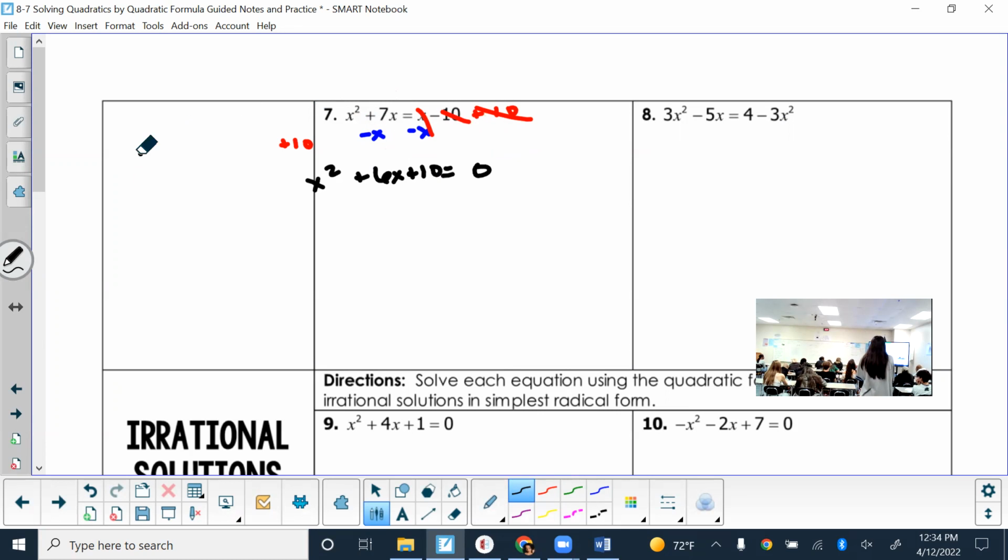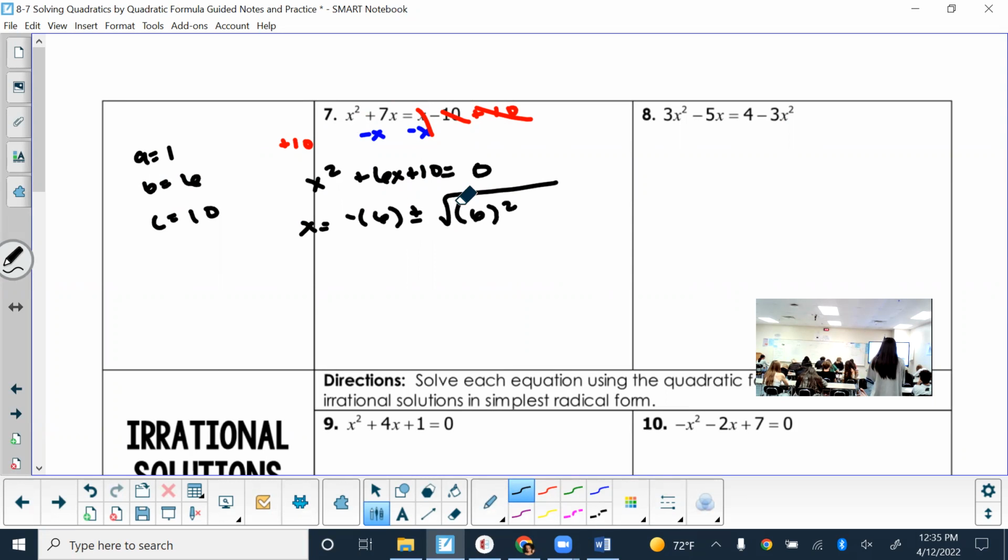So then my A in this one is what? My B is, and my C is 10. Oh, yeah, because that 10 that we had to add on each side. So then that would change your quadratic formula. So negative B, we have negative 6 plus or minus the square root of B squared, which is 6 squared, minus 4AC.